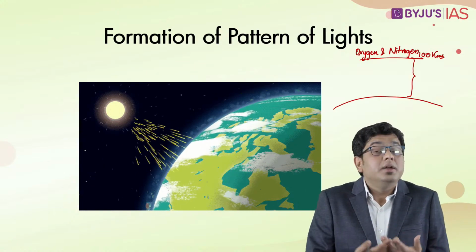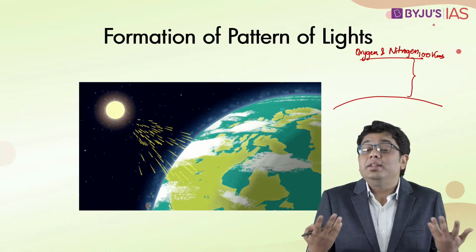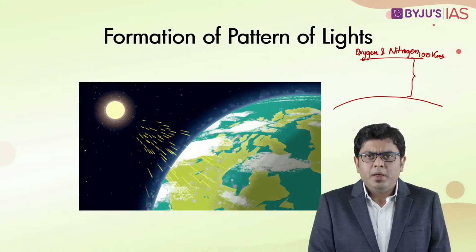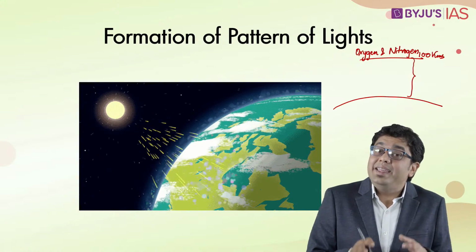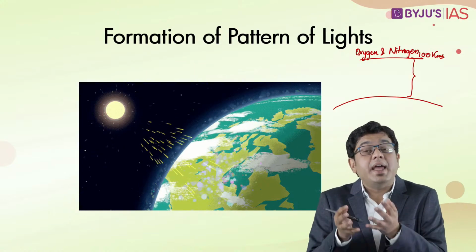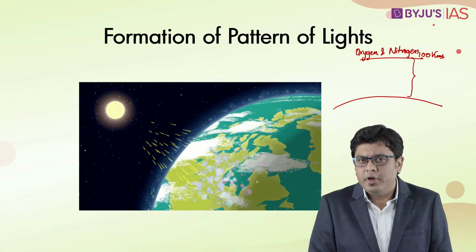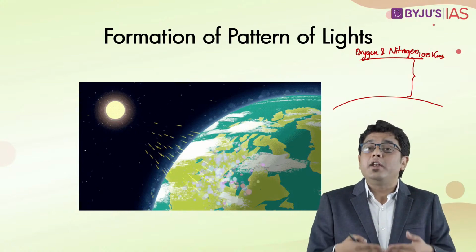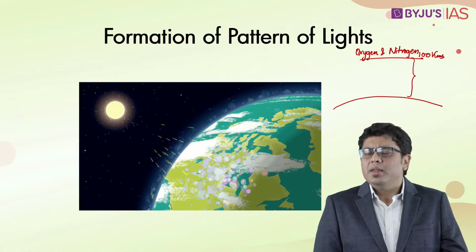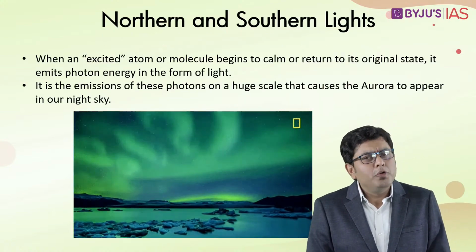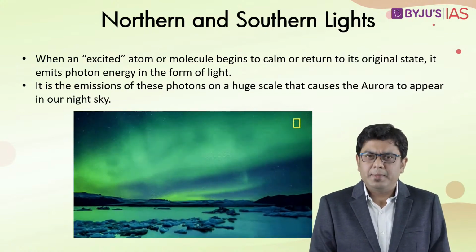Any ion does not give us a lighted format. But when these excited oxygen and nitrogen molecules return to their normal state, they end up emitting beautiful patterns of light.